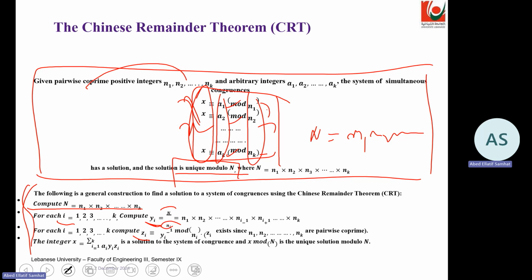Because they are pairwise coprime, zi is valid and exists. Then, in order to find x, you just sum from i equal 1 to k of ai yi zi. ai is already given, yi you calculated, and zi is the inverse of yi modulo ni. This gives the unique solution of the system.